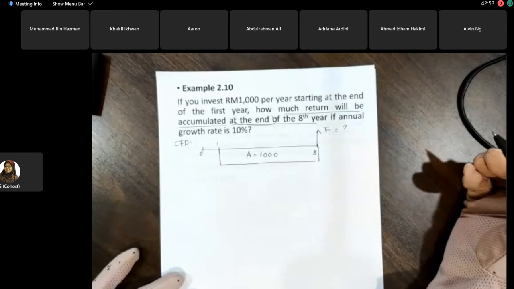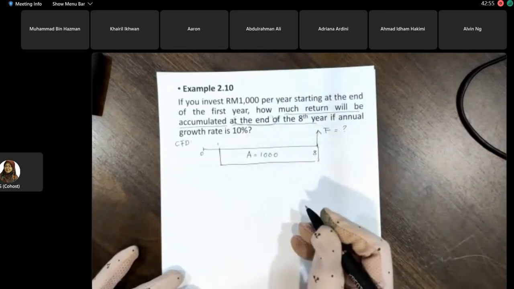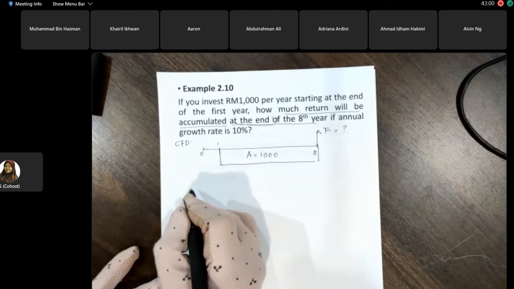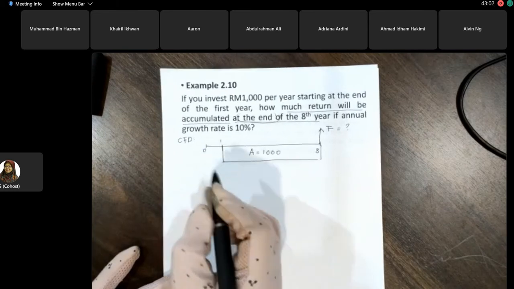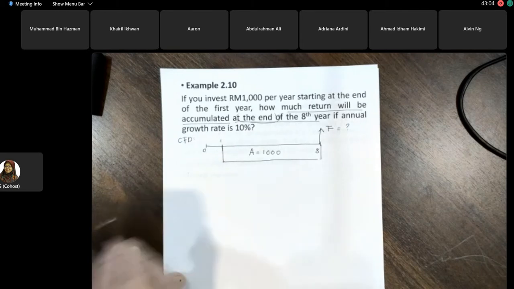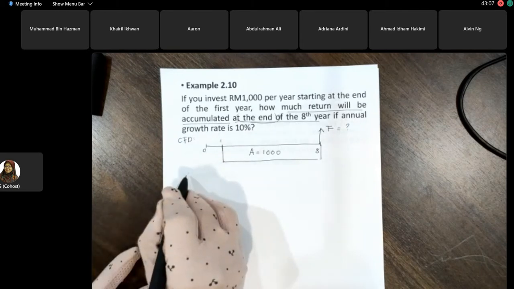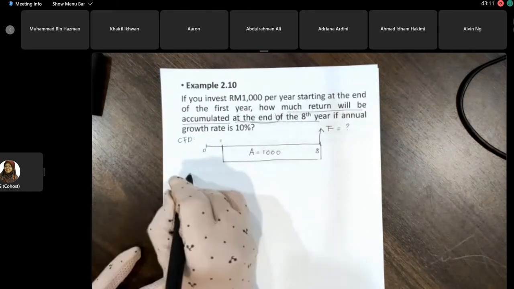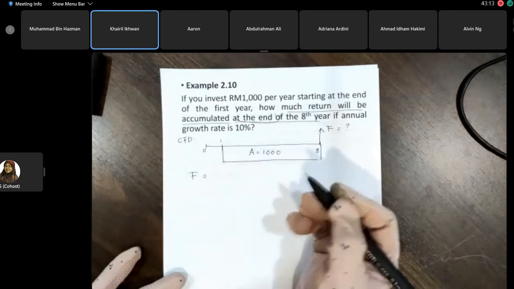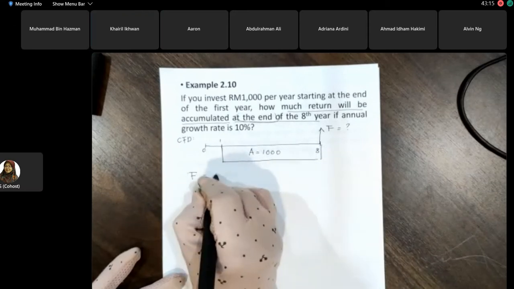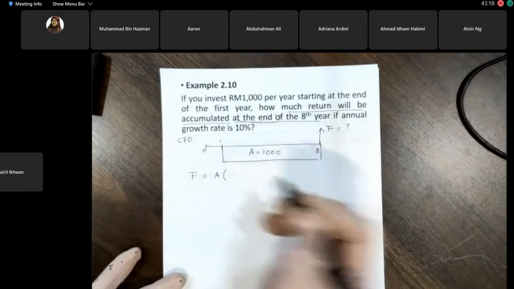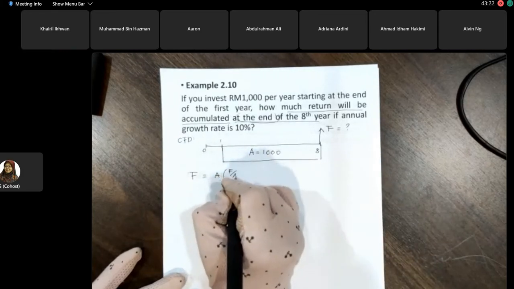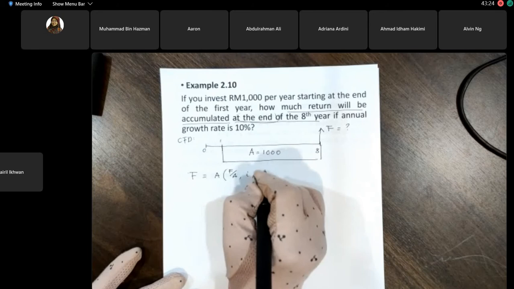How do we find it? What do we write first? To start, F equals A times (F over A, i, n).